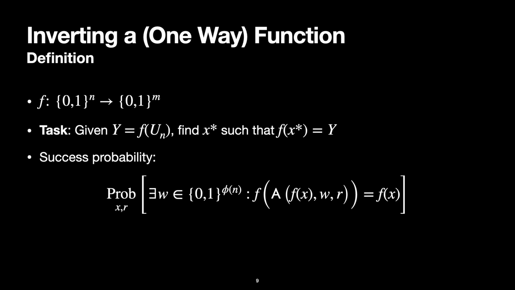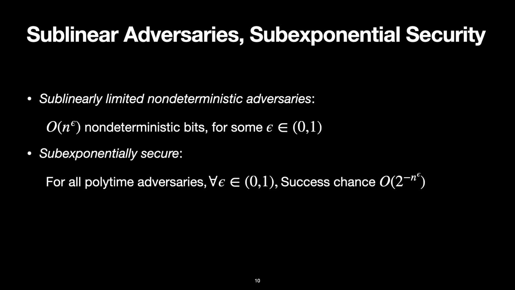Now, the results that we'll have later will have to do with sublinear adversaries and sub-exponential security. And so I will define what I mean by those two things right here. By a sublinearly limited nondeterministic adversary, I mean an adversary with access to n to the epsilon nondeterministic bits for some epsilon in between 0 and 1.